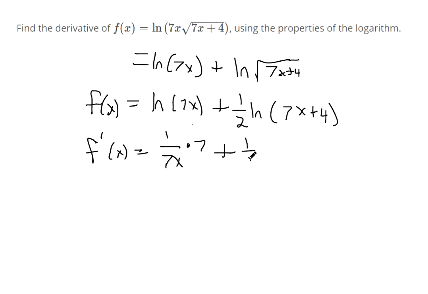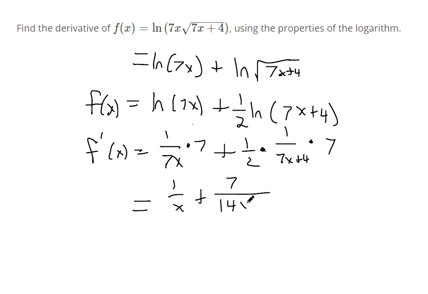And over here, the derivative of the natural log means it's the reciprocal, so it's 1 over 7x plus 4 times the derivative of the innermost function, so times 7 there. So 1 over 7x times 7 makes 1 over x. Then over here, we're going to have 7 over 2, let's just distribute that 2 times everything in here. That's 14x plus 8. Or I guess you could keep it factored either way, but there is our derivative.